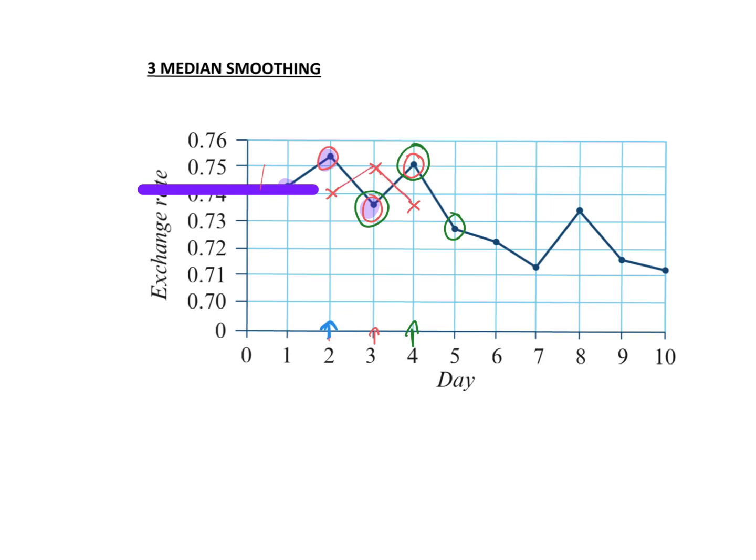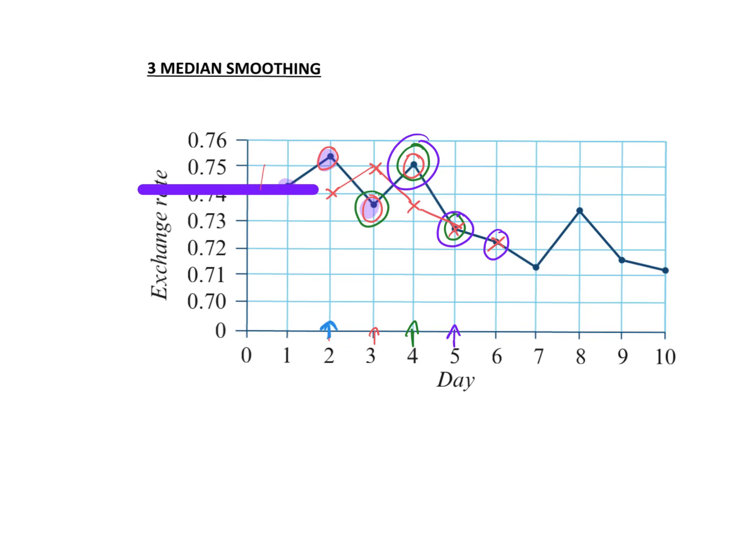If I do another one, along 5 would be taking into account those 3 dots, and number 5 is actually the second highest value, so it would have it like that. So you can see we're smoothing it along. I'm not going to keep circling, I'm just going to keep marking where they are.